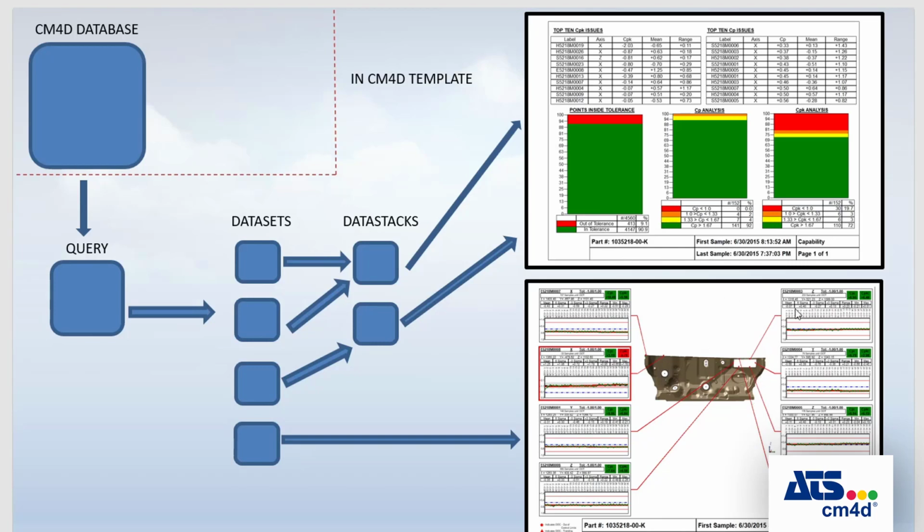And in that way, a template is created. Like I said before, there are many variations or different ways that you could organize your data into groups with these data sets and data stacks or with the queries, but in general, this is the basic data flow in order to create a report in CM4D.